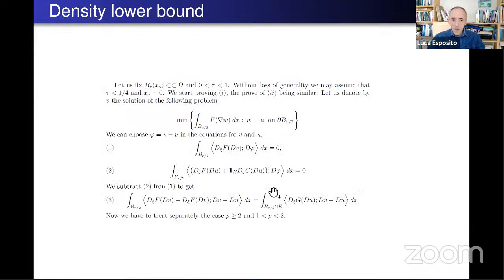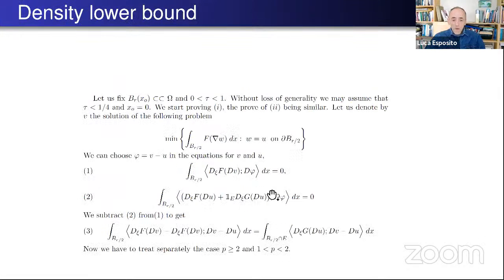Very quickly I can show you in a precise way how you can prove the comparison. Denote with V the comparison function and U the minimizer of the constrained problem, and you write down the equation that they satisfy.